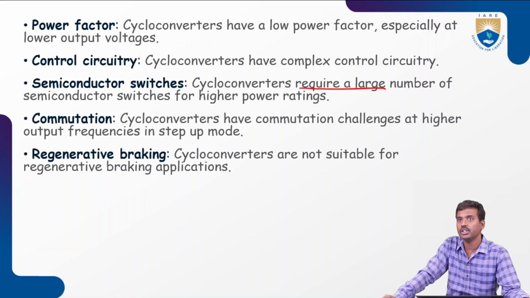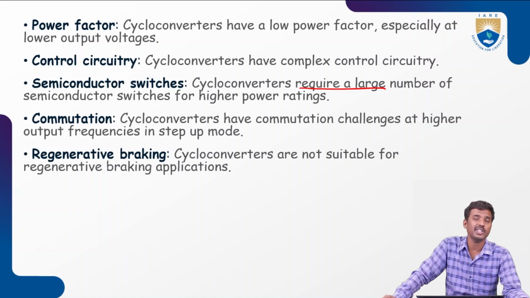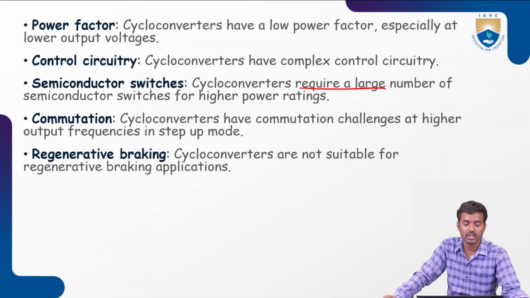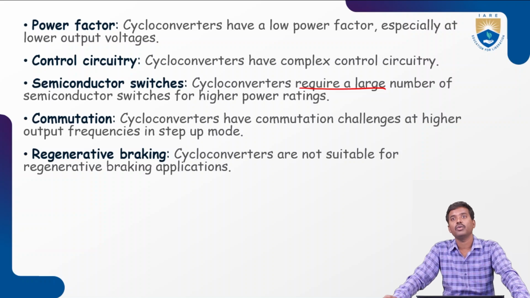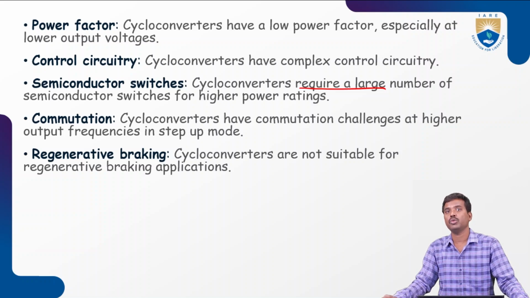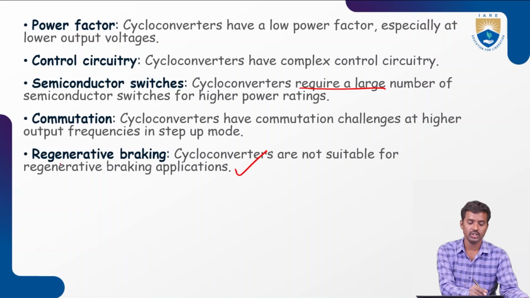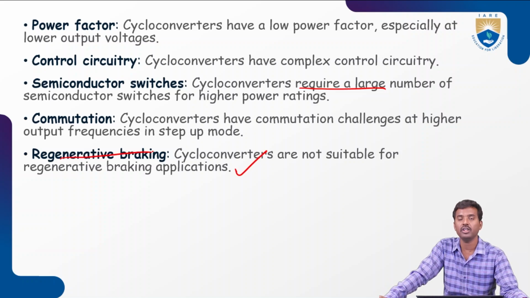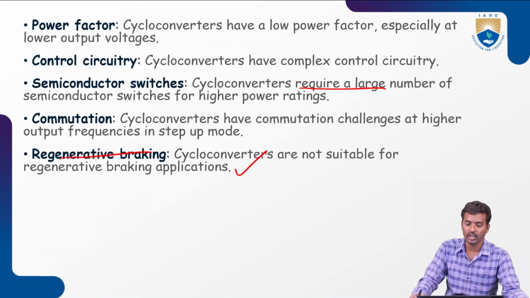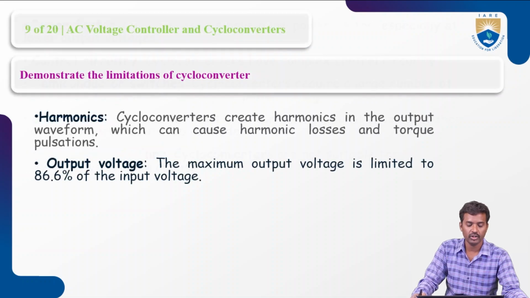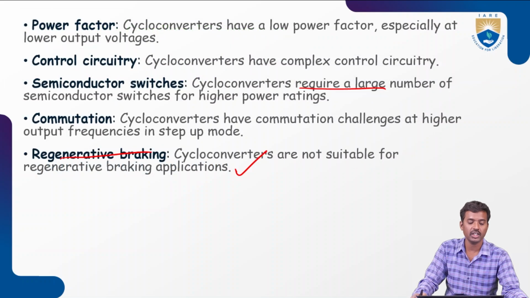Cycloconverters have commutation challenges at high output frequencies in the step up mode. And the last one is regenerative braking. Cycloconverters are not suitable for regenerative braking applications. So these are the limitations: 1, 2, 3, 4, 5, 6, 7.